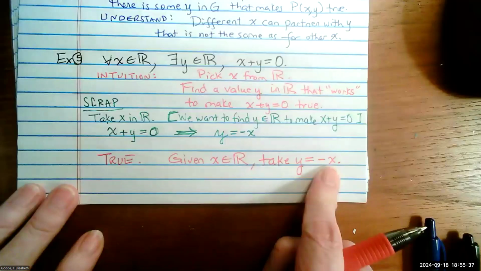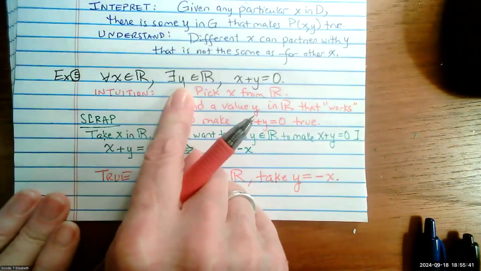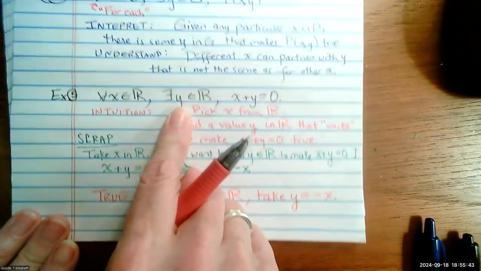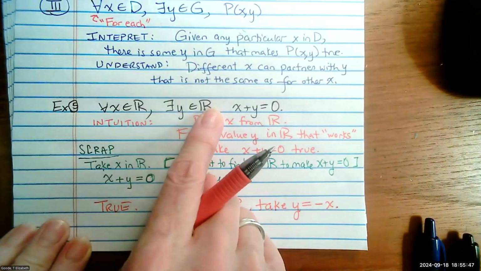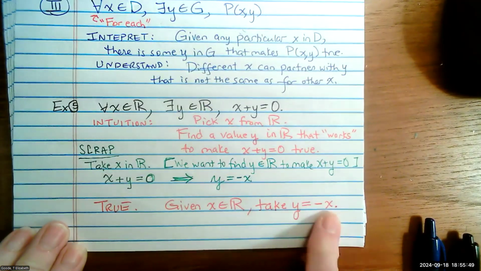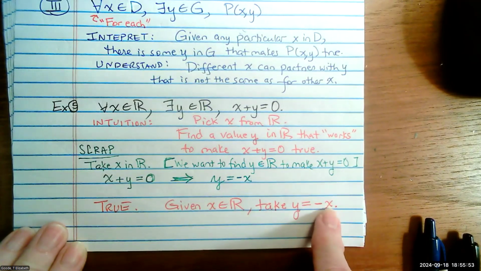Now, there are a couple of things we have to verify. Y has to come from the appropriate domain. So y needs to be real. And it's super simple here. We just say it. X is real, -x is going to be real as well, right?